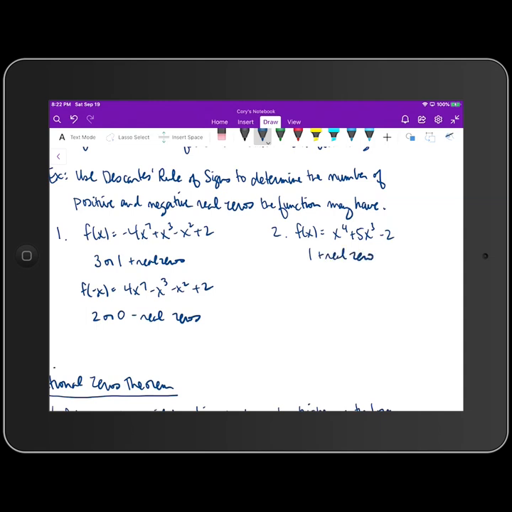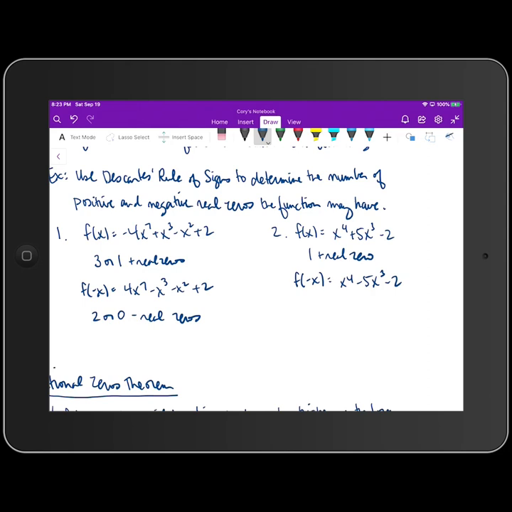Okay, to get the number of potential negative real zeros, we want to count the sign variations of f of negative x. So f of negative x, again, the terms of even degree keep the same sign. The terms of odd degree change sign. So f of negative x is going to become x to the 4th minus 5x cubed minus 2. Again, the first term is positive.